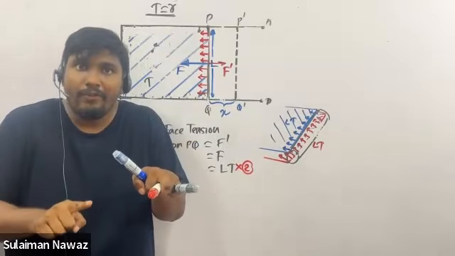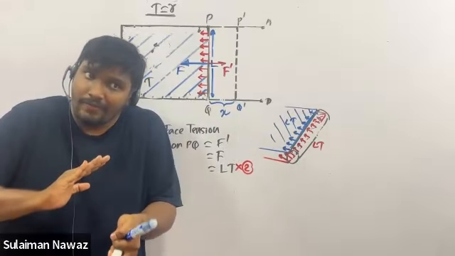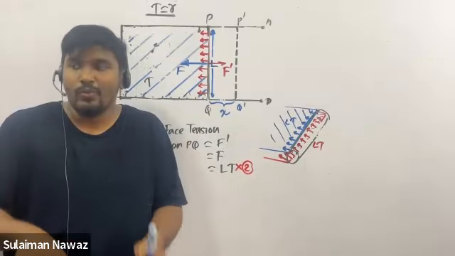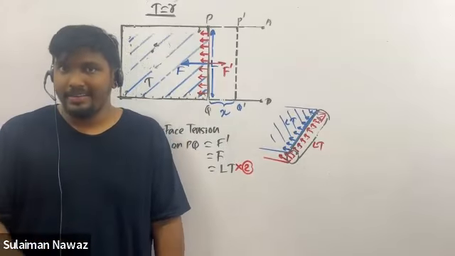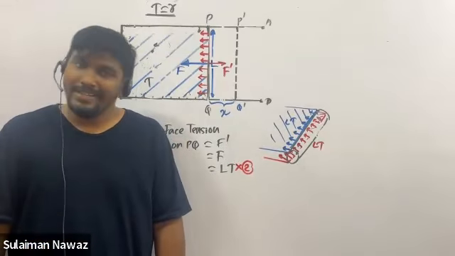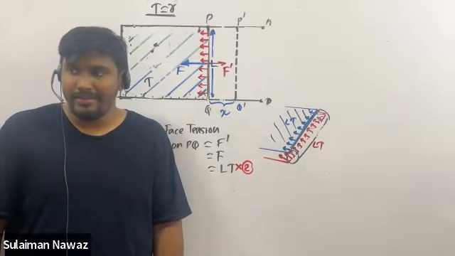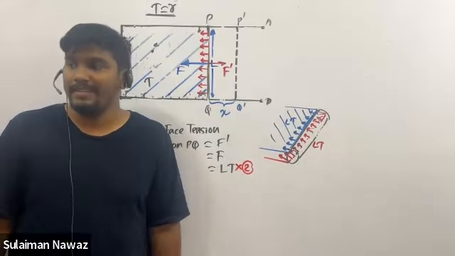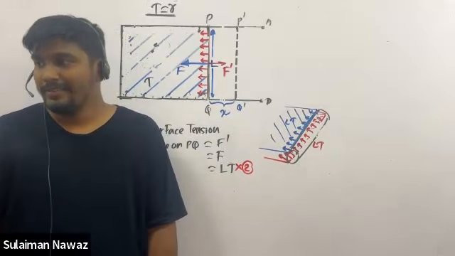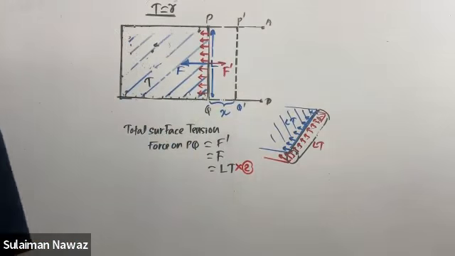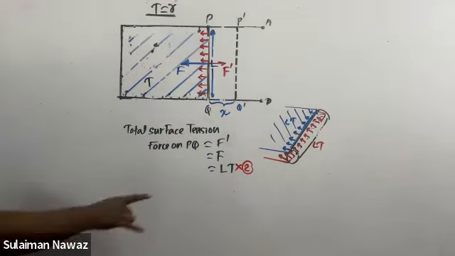So the resultant surface tension force is LT into 2. Did you understand? Raise your hands, how many of you understand what I'm saying? This part is really confusing. Understood? Okay, so that's why I multiply by 2.